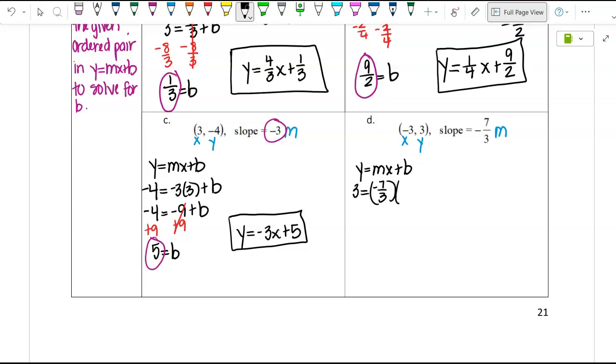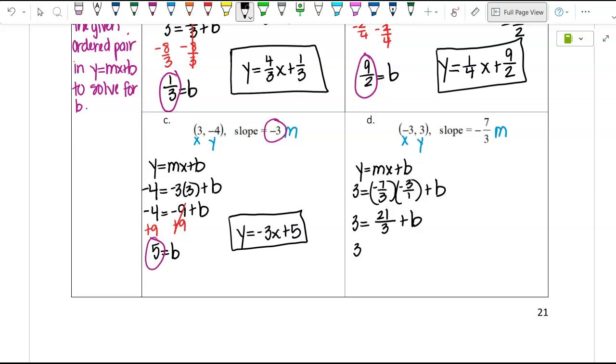So 3 equals -7/3 times -3/1 plus b. So 3 equals -7 times -3 is +21. 3 times 1 is 3. So 21/3 plus b. But 3 goes into 21 evenly.